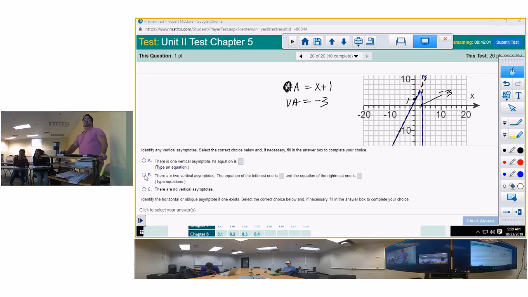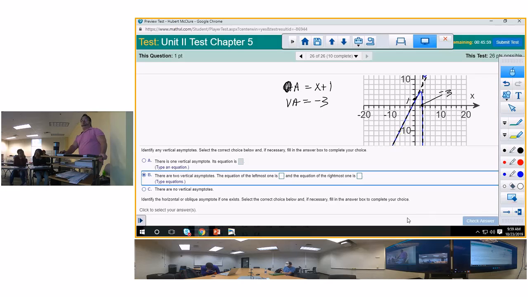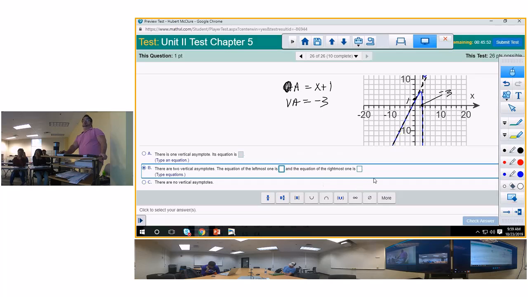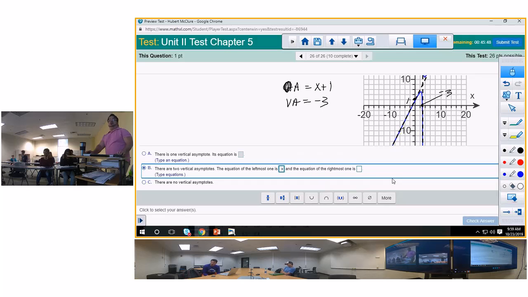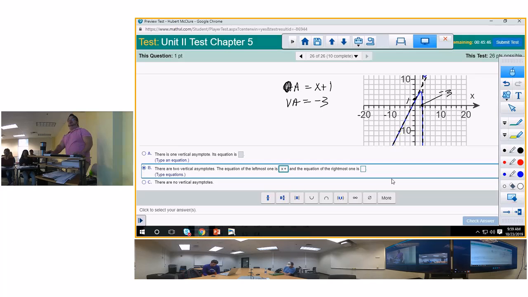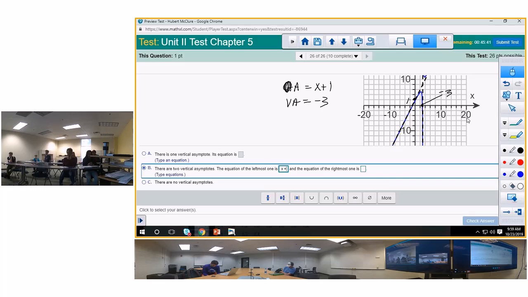Okay, y'all don't have to start packing up yet. I got at least 1 minute. The equation of the leftmost one, x plus 1, has a different slope. Yeah. Well, I can't hardly see the slope the way they got it. I think they could have done a little bit better.